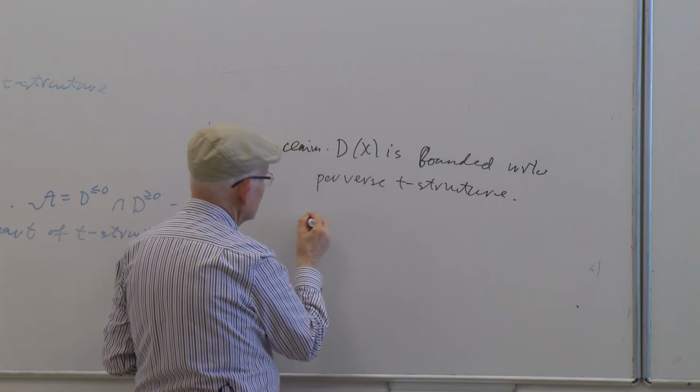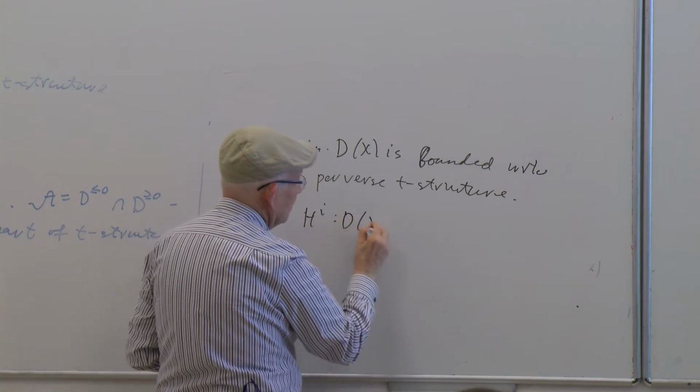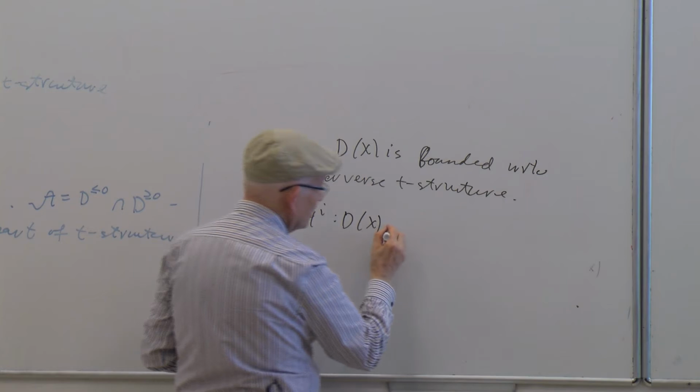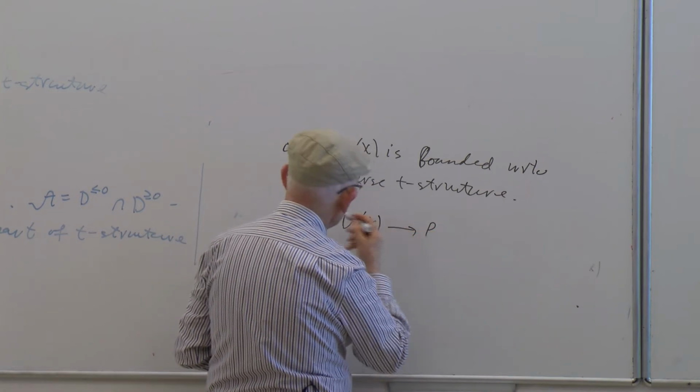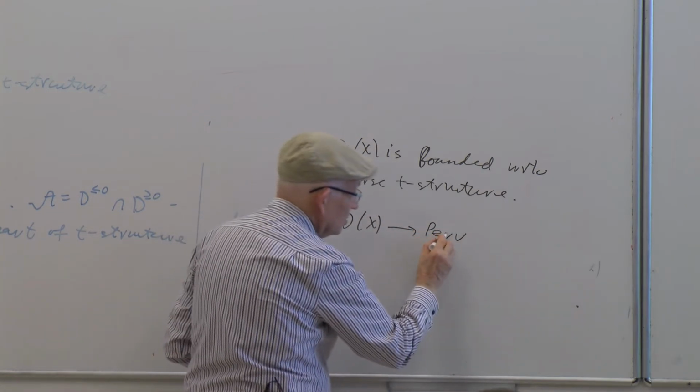So what does it mean? This means that this T-structure defines cohomological functors H^i into perverse.